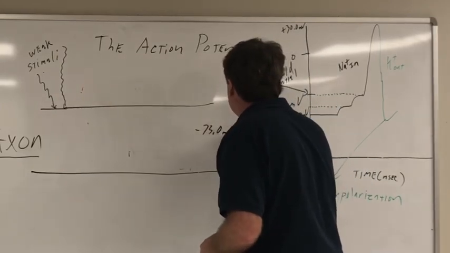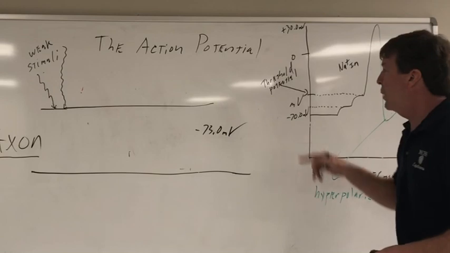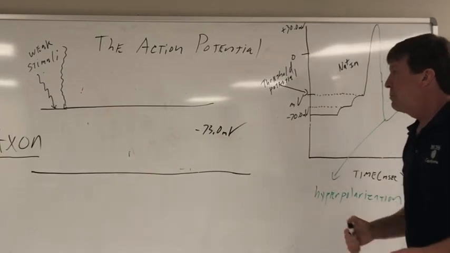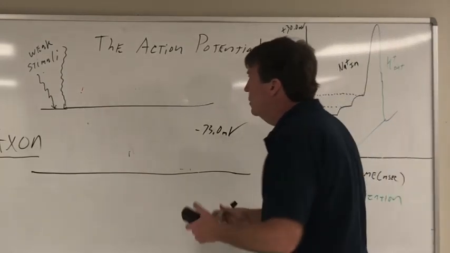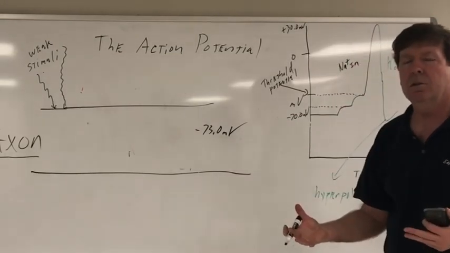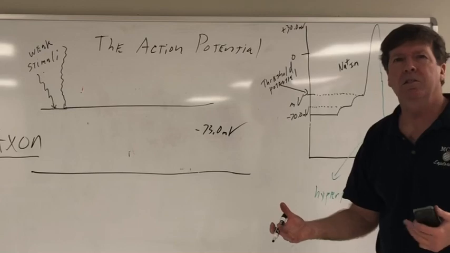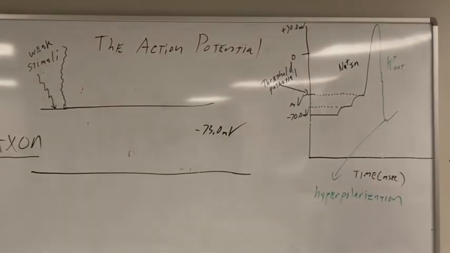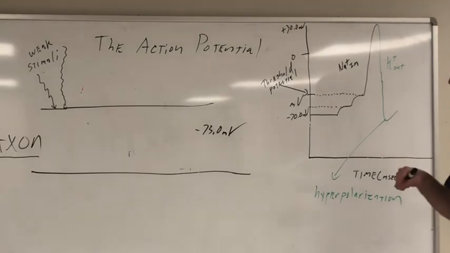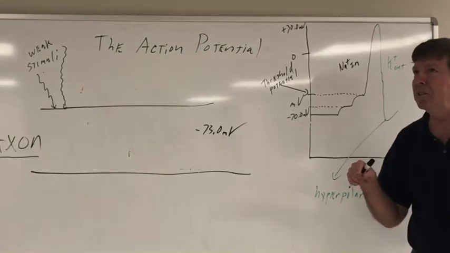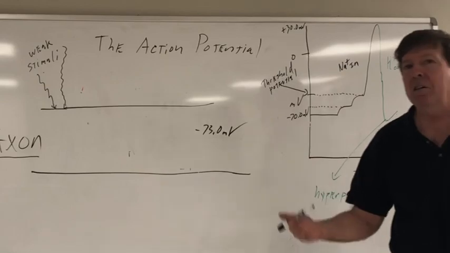So we've overshot our resting potential. At this point, something's kludgy. Always wanted to use that word. Something's messed up at this point. What is it? What's messed up here? And what I'm talking about is what's messed up compared to where we started at resting.